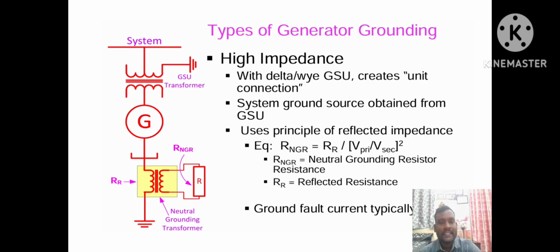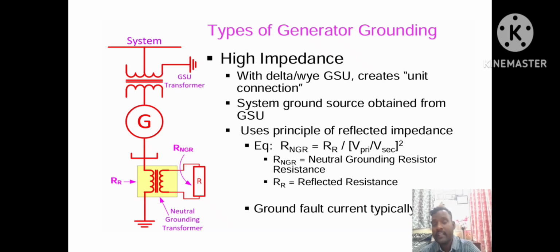So in this case we have NGR, and we are using a transformer. The primary side is directly connected to our neutral, and the secondary side is connected to the NGR resistance, which is not directly connected, but the secondary will be connected to the resistance. So this value is also very important. This is called high impedance.